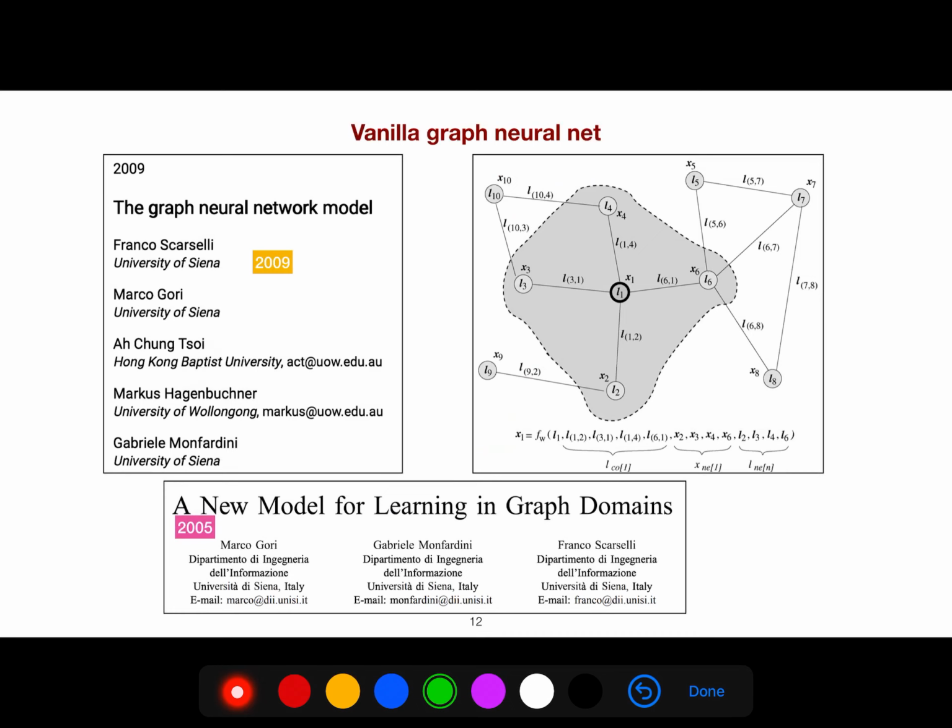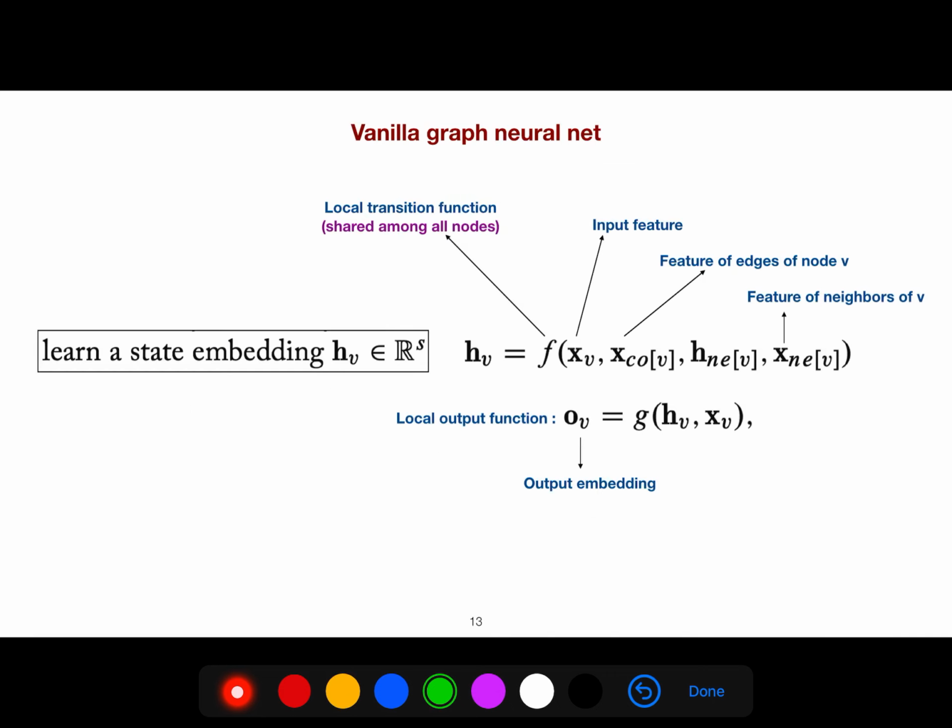And so the vanilla graph neural network, as you see, traditionally goes back to 2005, using the first very elementary type of GNN, and then with the same author, Franco, in 2009. And so the idea is that we want to just learn a state embedding using some weights of the neural networks.